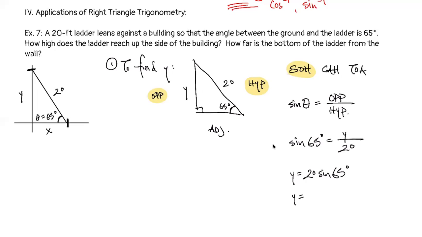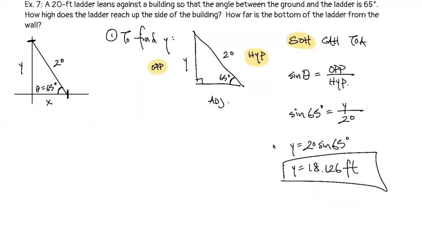Now we can type this into the calculator. We want to make sure we're in the right mode, meaning if you changed it to radians earlier in class, we want to change it back to degrees. Otherwise, we're going to get the wrong answer. When we type 20 sine 65 into the calculator, we get 18.126 feet. So that's how high up the wall the ladder reaches.